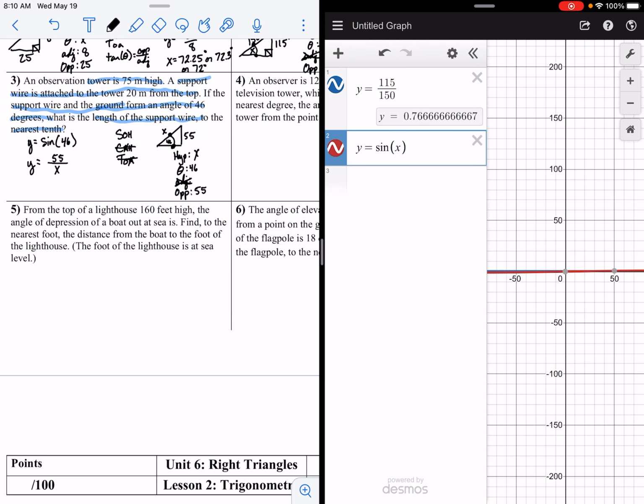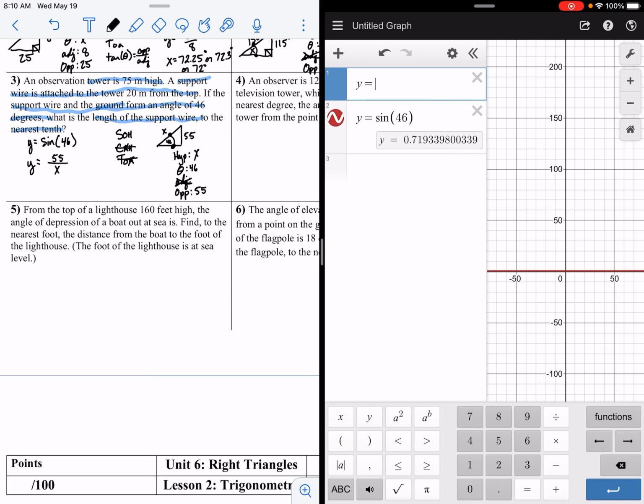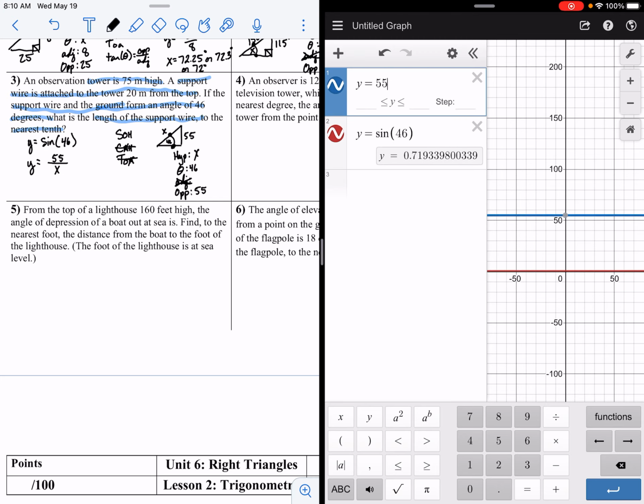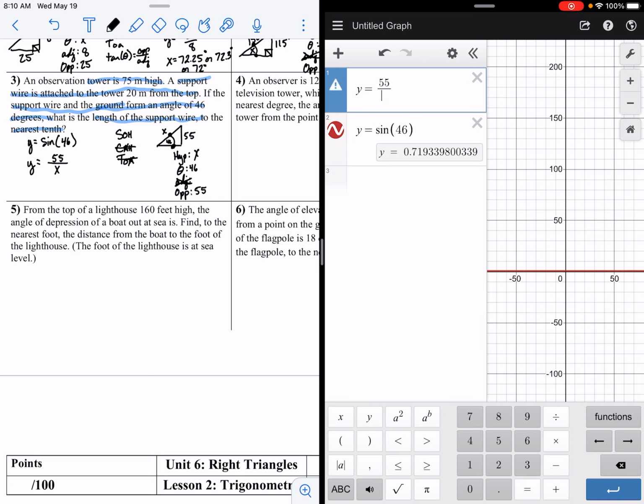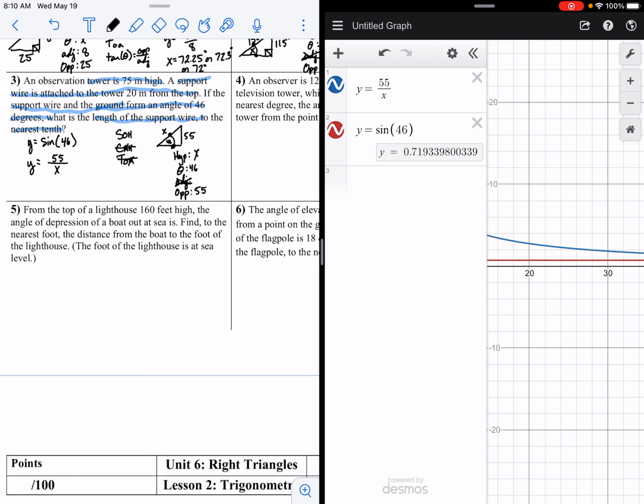Y equals sine of 46. Y equals 55. Divide that by X. Whenever I start a new problem, I go home. I'm only concerned about positive X values, but I can see I need to go to the right.